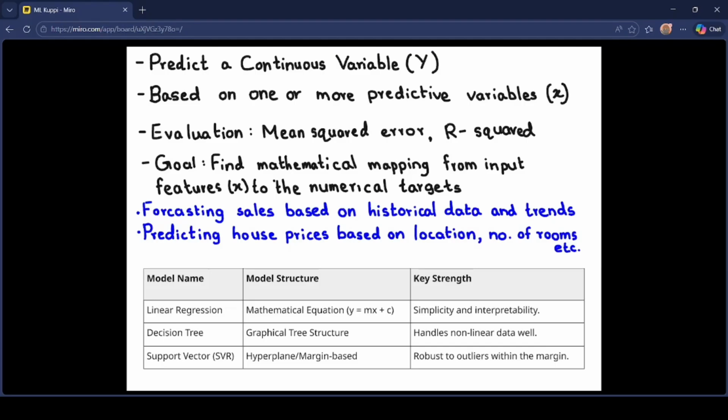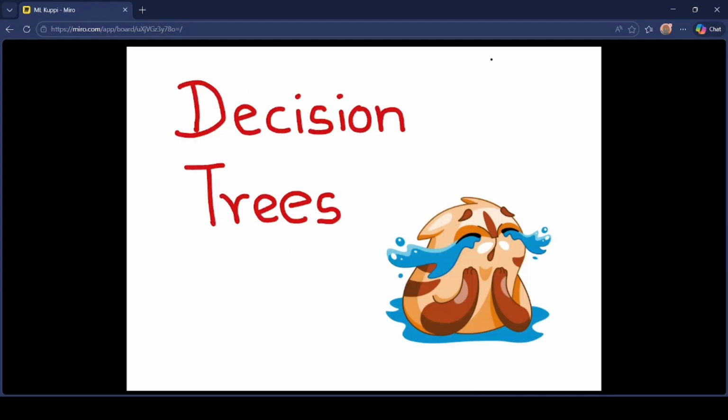We have linear regression, which is an ML model, decision tree regression, and SVR, support vector regression, which we can use for regression. There's not much in-depth insight into these regression models here. It's just a simple overview.